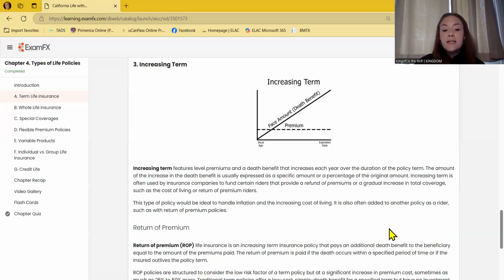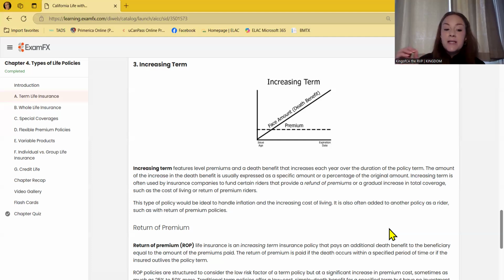So increasing term features a level premium, and the death benefit increases every year over the duration of the policy. The amount of the increase in this death benefit is usually expressed as a specific amount or a percentage of the original amount.